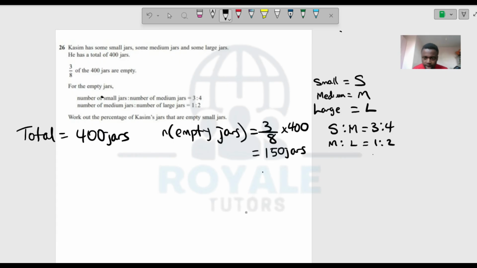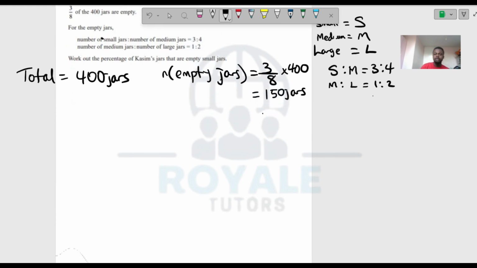So what I usually say is let's try and write it out clearly. You have S to M, 3 to 4, M to L, 1 to 2. What we are trying to do is to find the ratio that connects the three of them, that is small to medium to large. So looking at these two ratios, what letter is common to them?